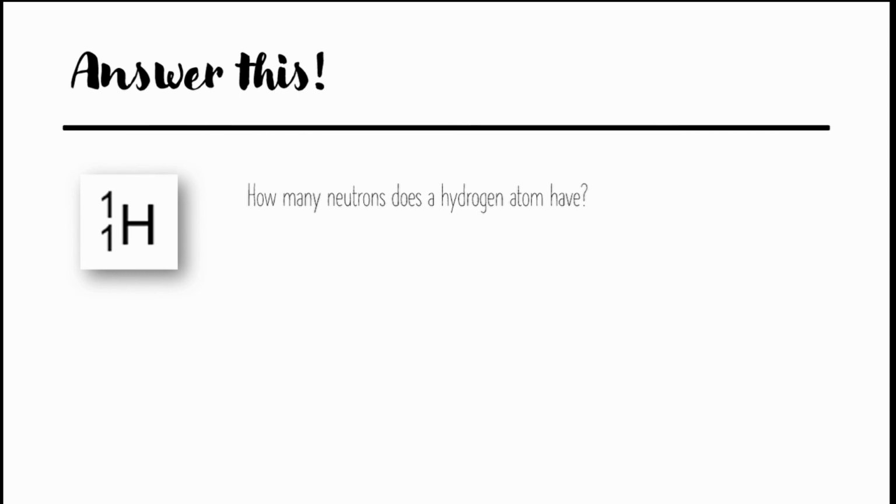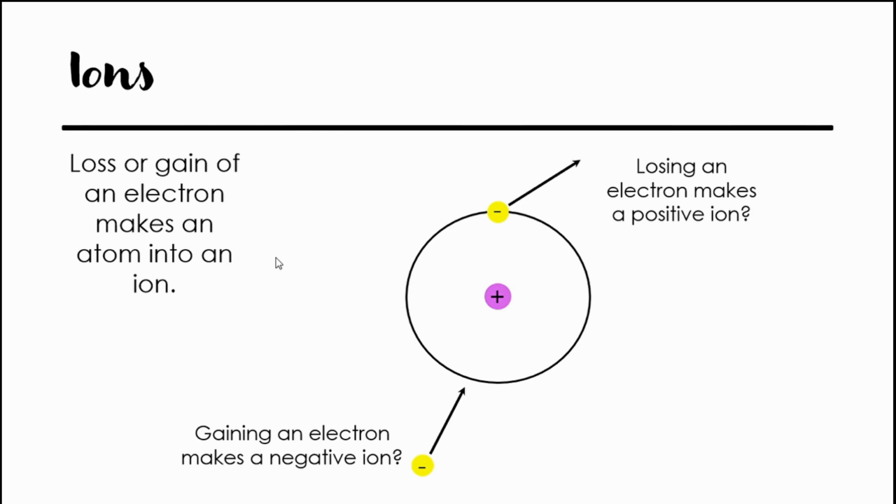Mass number equals the number of protons plus the number of neutrons. If the total is 1, while the proton number is 1, so the neutrons must be 1 minus 1 equals 0.